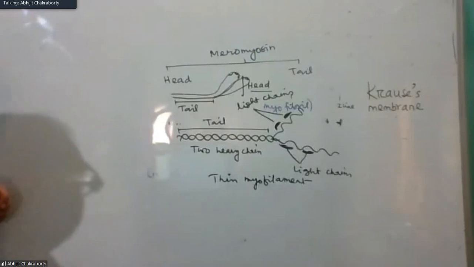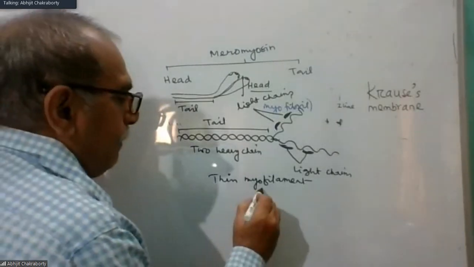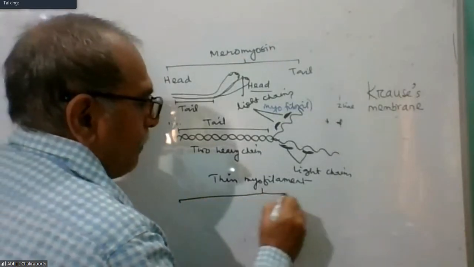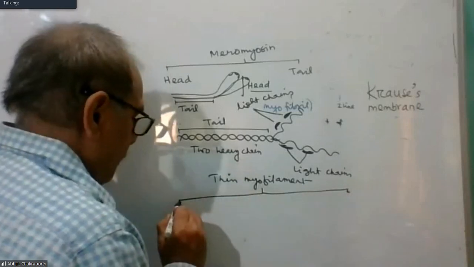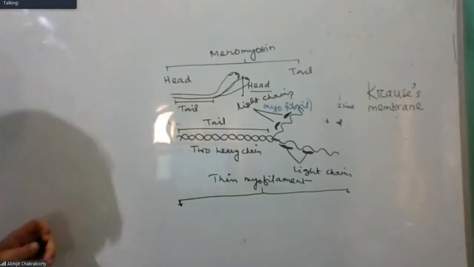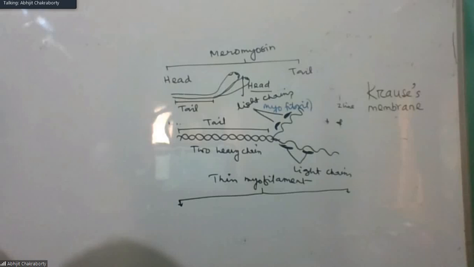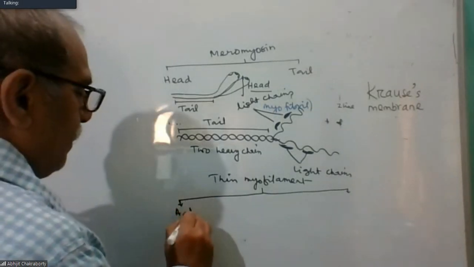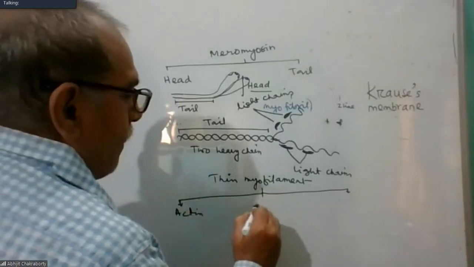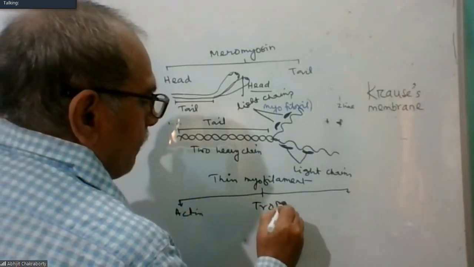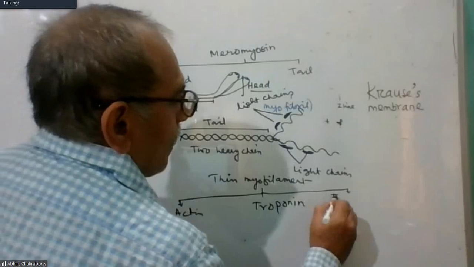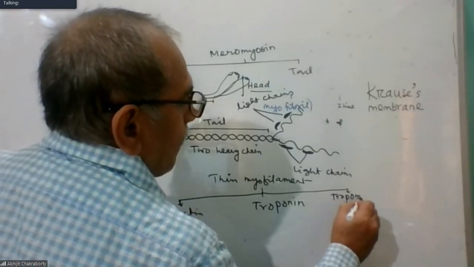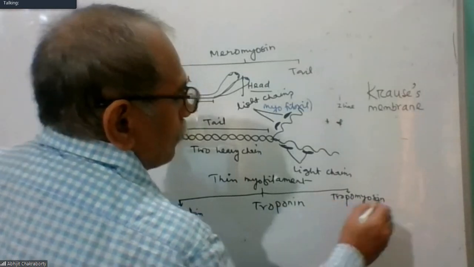In case of thin myofilament, this is the actin, troponin, tropomyosin.